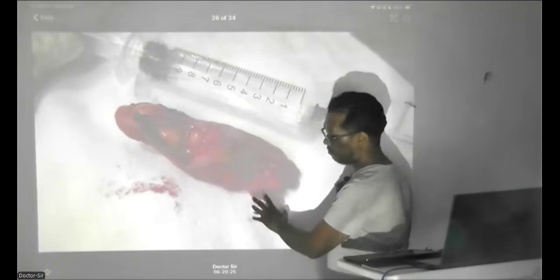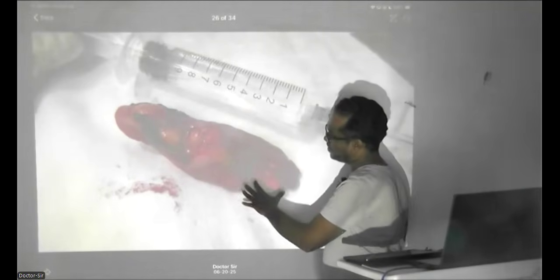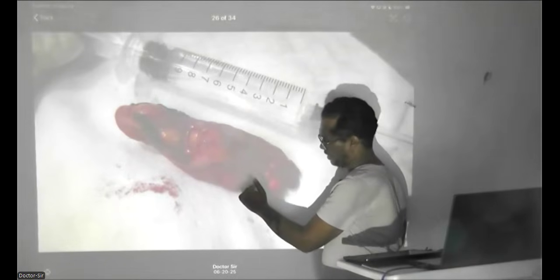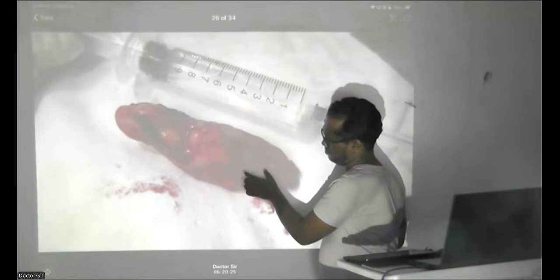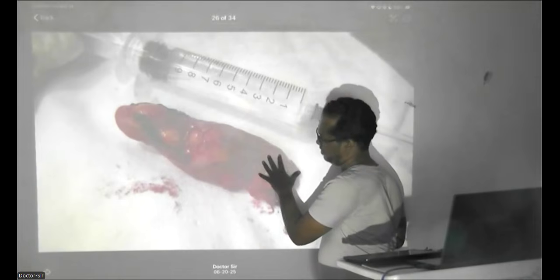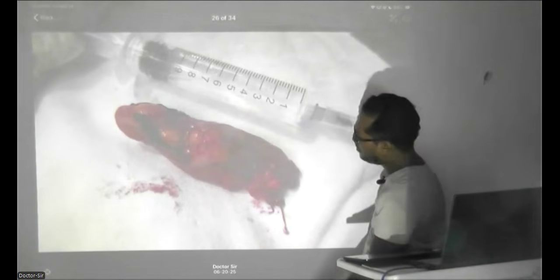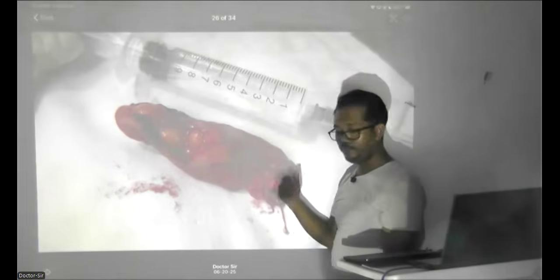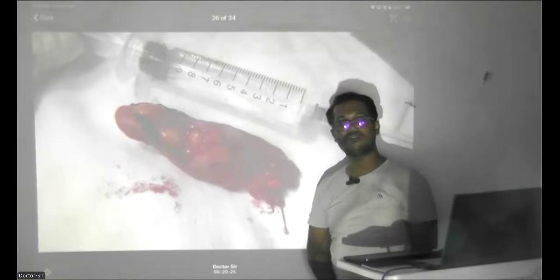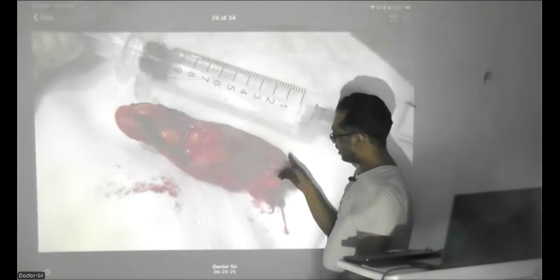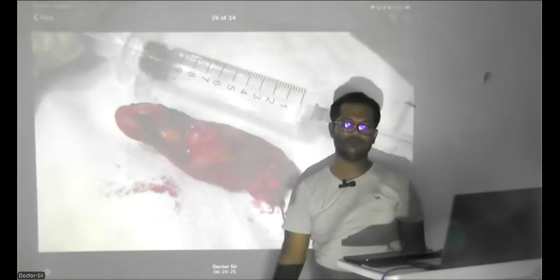This is not a normal one, because a normal appendix is small. Inflammatory features are there, so there is an inflammation. When inflammation happens, we call it appendicitis. That's why we cut it out.